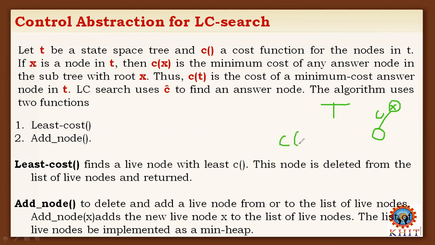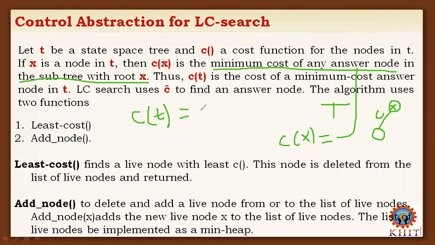The cost of node X is the minimum cost of any answer node in the subtree with root X. Thus, C of T is the cost of the minimum answer node in T, that is, the minimum cost of an answer node that can be generated from the state space tree.